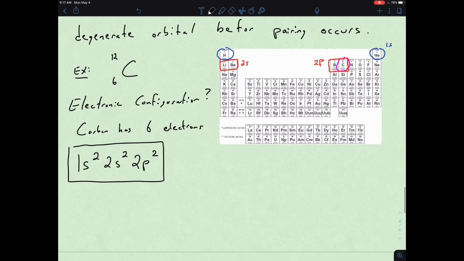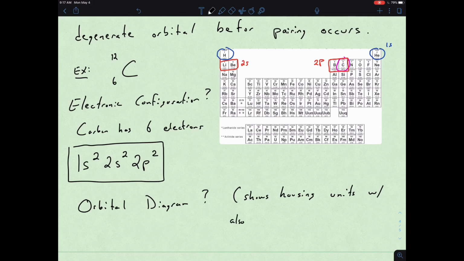There's also this idea of an orbital diagram. And this basically shows the housing units with also a relationship of energy.